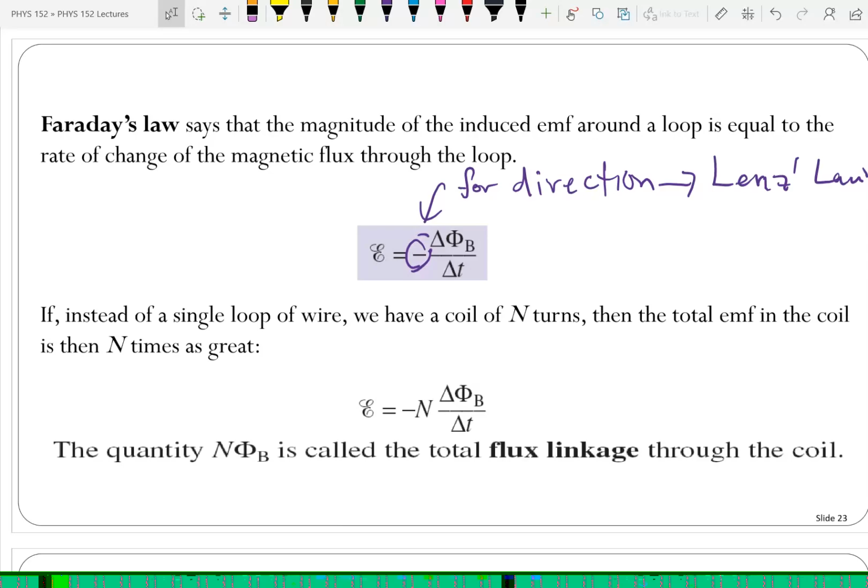So when I put this on here, if we start with no magnetic field, and suddenly the magnetic field goes strongly upward, then Lenz's law says it's going to induce a current in that loop that's opposing the change in flux. So since it went from no magnetic flux to magnetic flux due to an upward magnetic field, the induced magnetic field is going to be downward. And of course, if I have an upward magnetic field and an induced downward magnetic field, opposites attract, likes, north and north, repel.